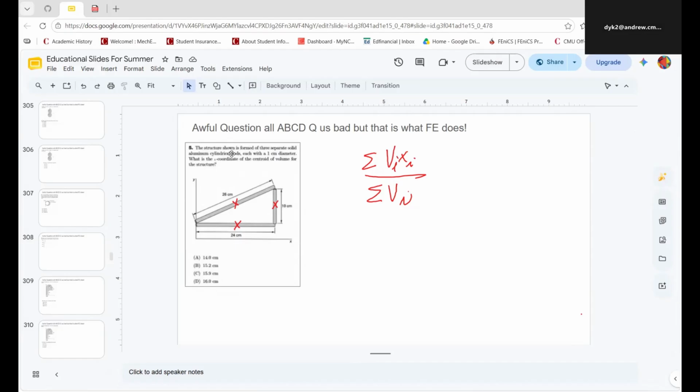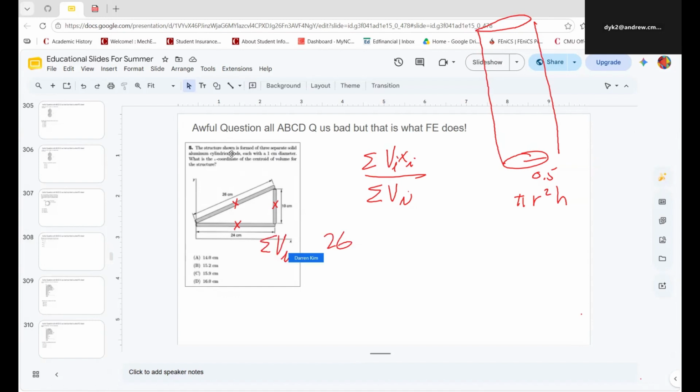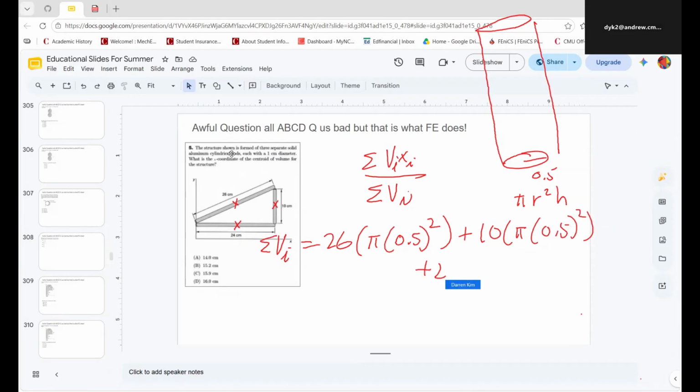And then we just have to do, basically, diameter of 1, so the radius is 0.5. And then we just have to use this equation, which is pi r squared times height. So for each one, the volume is basically 26 over here. So the sum of Vi equals 26 multiplied by pi multiplied by 0.5 squared, plus 10 pi (0.5 squared), plus 24 multiplied by pi (0.5 squared).